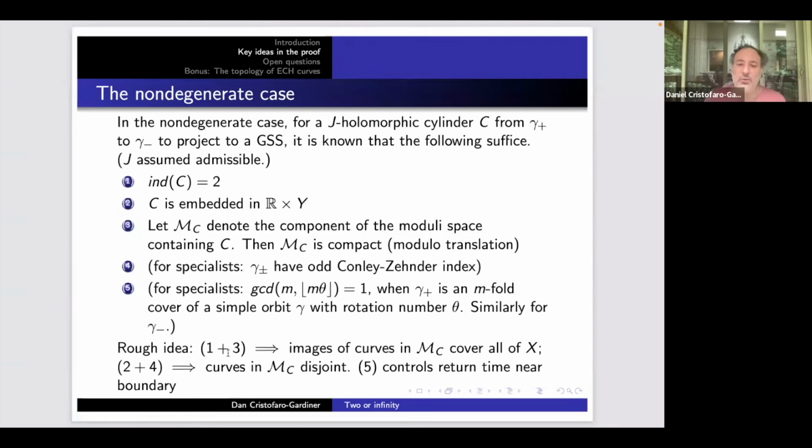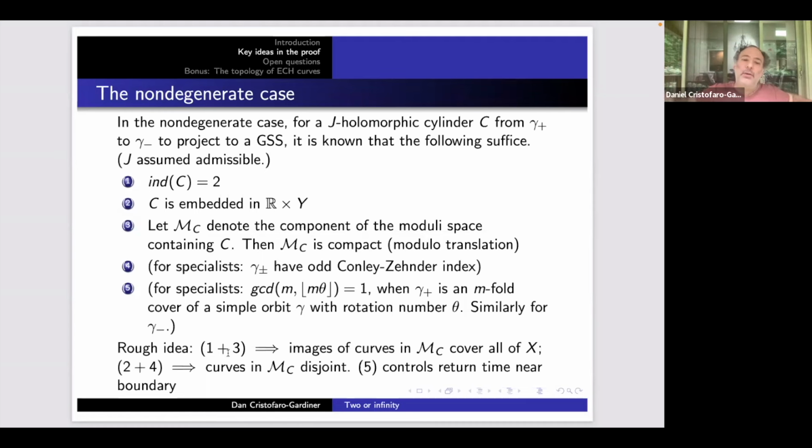Okay, as for 5, basically what that's doing is it's controlling the return time near the boundary. So remember, the picture that we want is that this curve is going to project to something that's transverse to the Reeb vector field, and then we want to follow the Reeb vector field to get this return map.